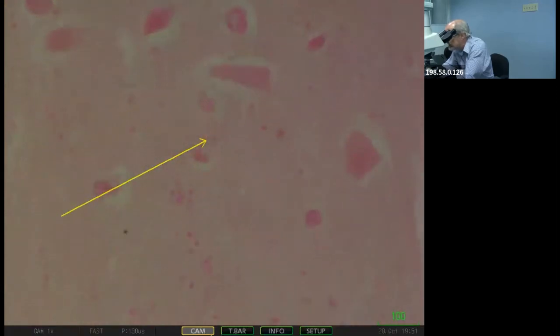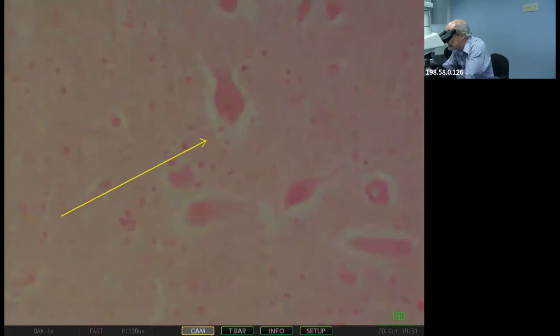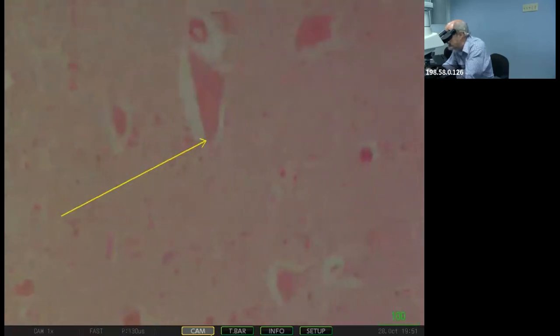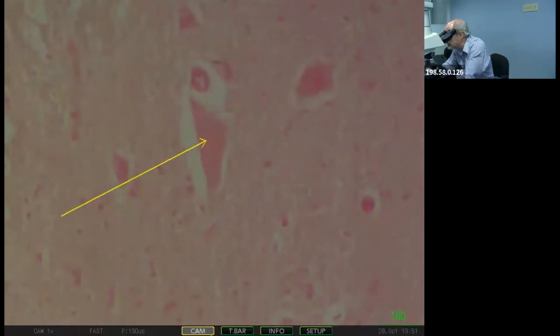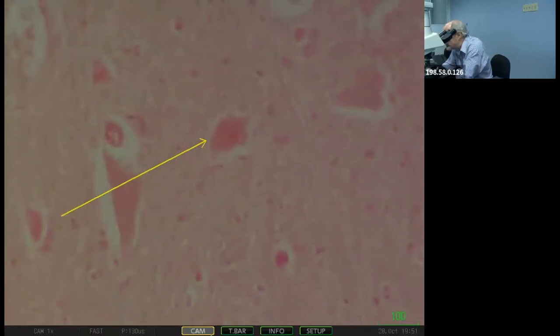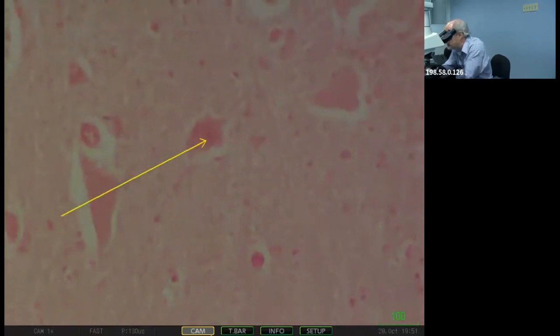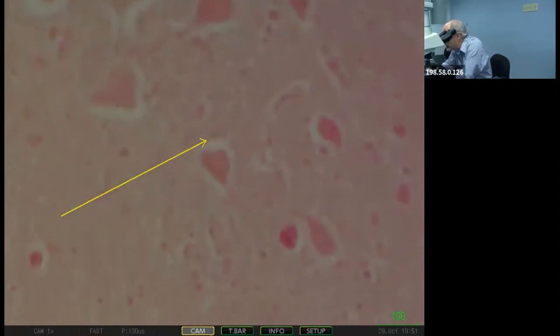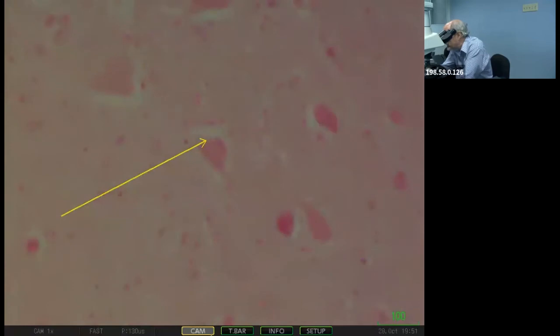Most of the time you don't see the axon very well, so most of the time the processes of this multipolar cell will be your dendrites. Motor neurons are relatively big cells with some processes which are dendrites.